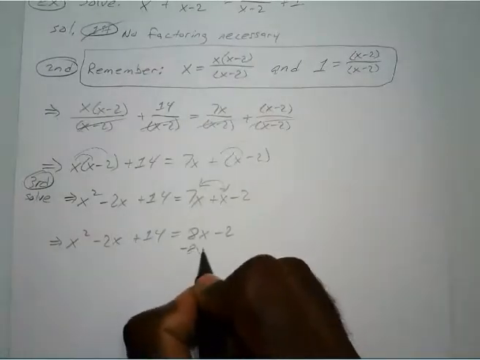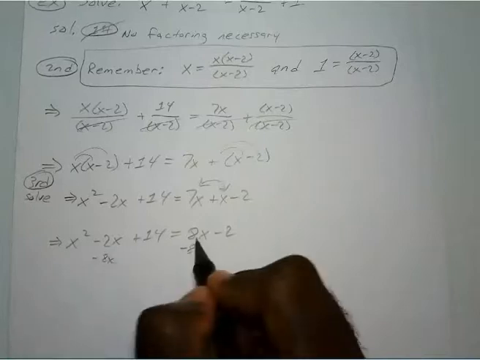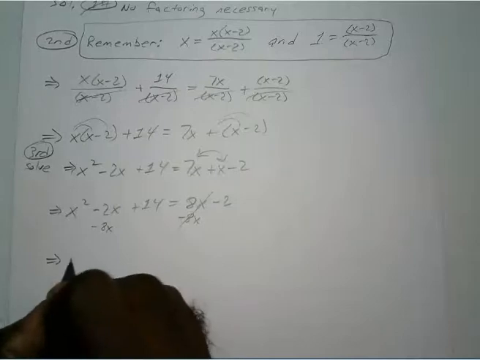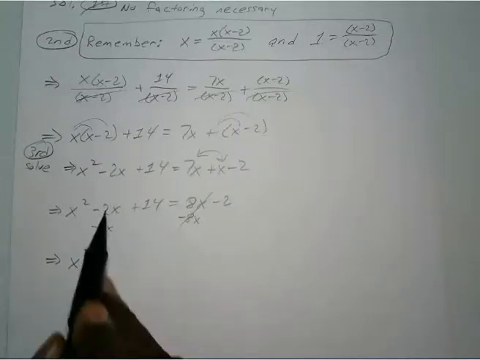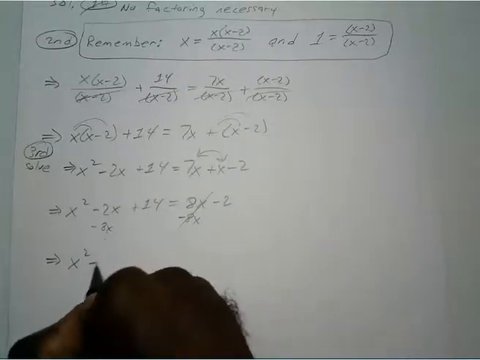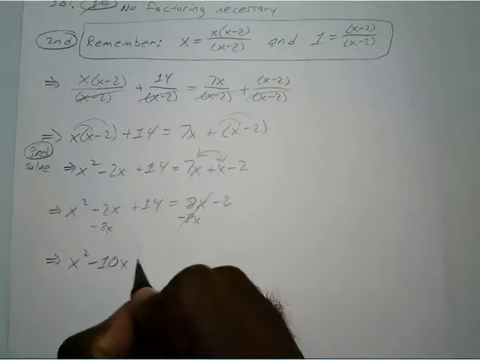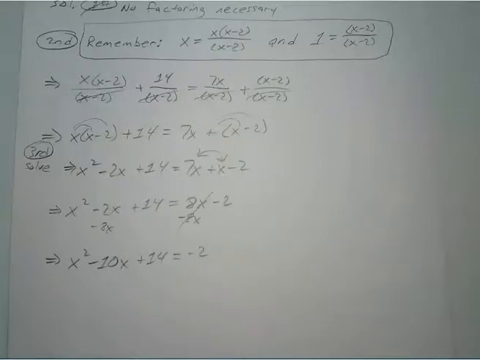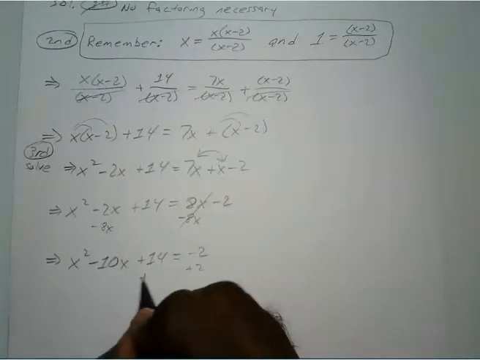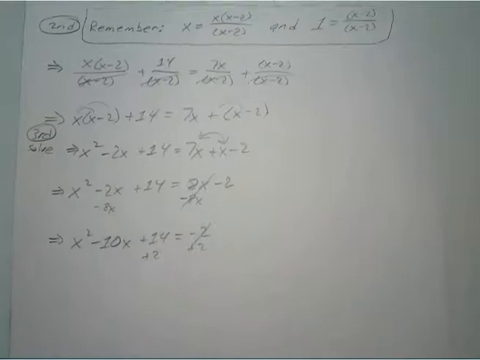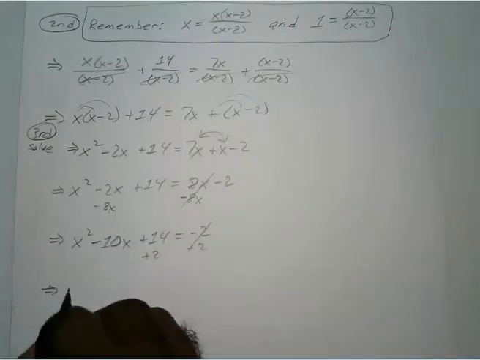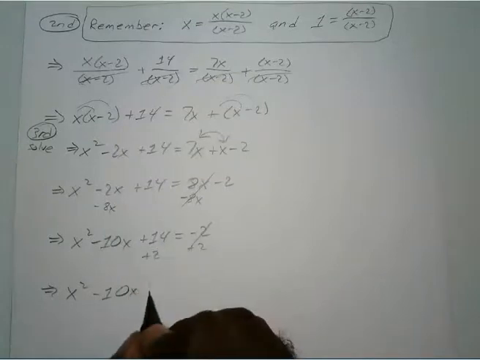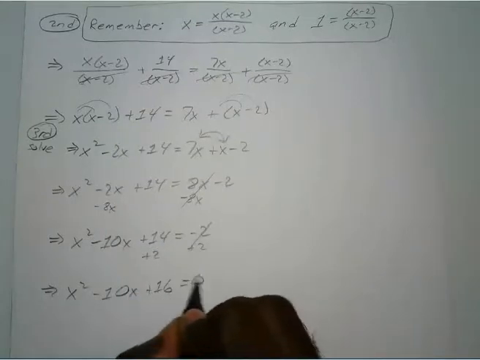So if we subtract 8x from both sides, you have x squared, negative 2x minus 8x is negative 10x plus 14 equals negative 2. If we add 2 to both sides, that gives us x squared minus 10x plus 16 equals 0.